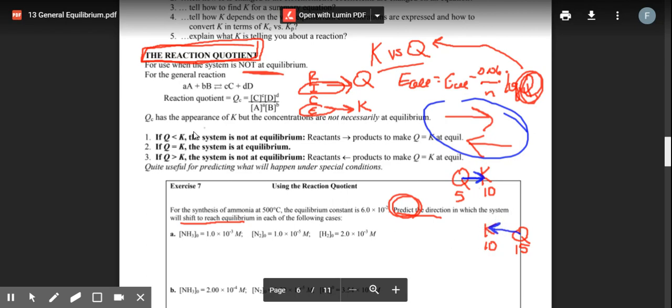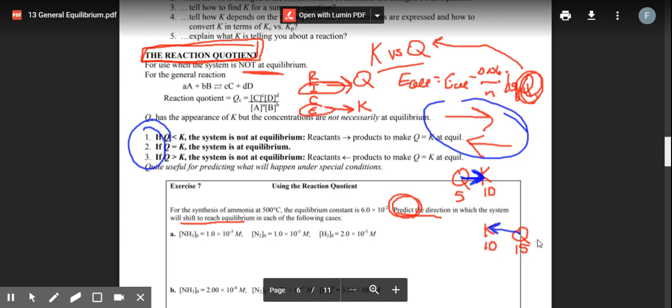So the way that I do this, rather than memorizing the three cases, is I always write my K number down first. Then I write Q in relation to where it would be on my number line. So if Q is less numerically than K, then I write it on this side, and if Q is on this side, then I have to shift towards K, shift towards my product side.